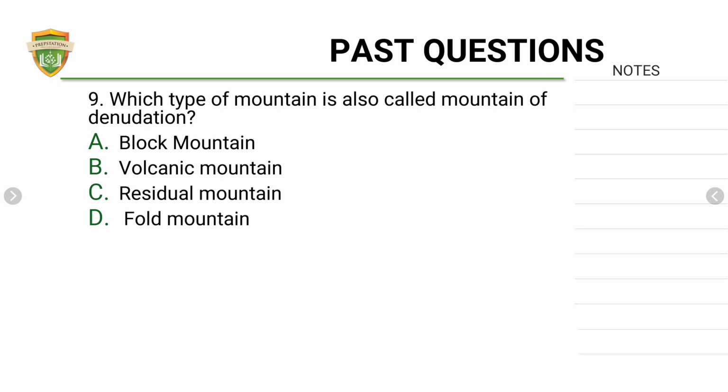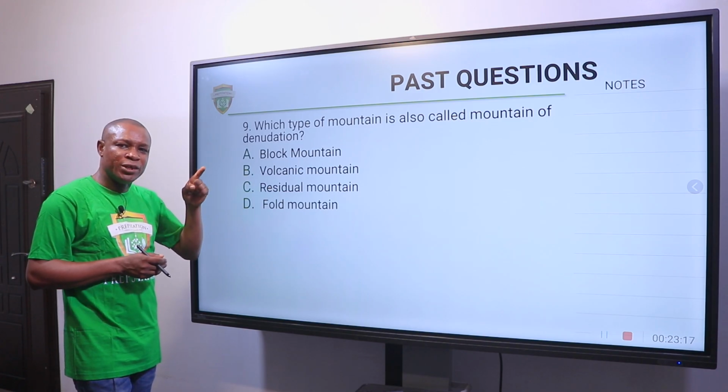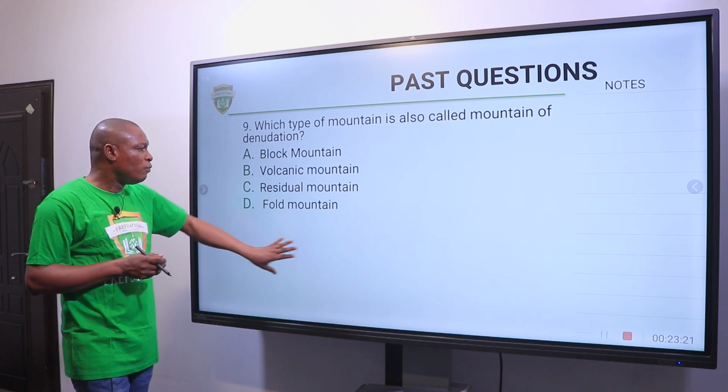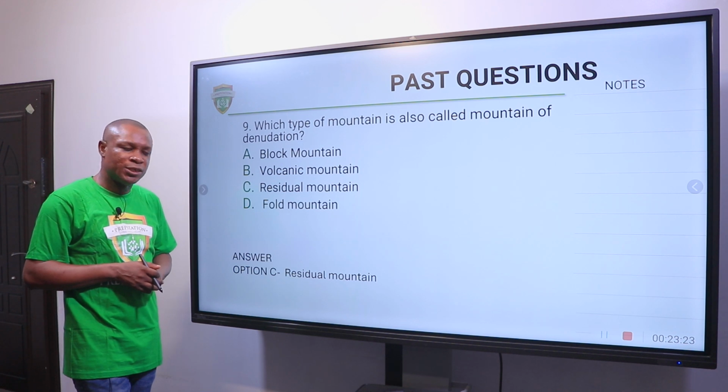We have option A, block mountain. We have B, volcanic mountain. We have C, residual mountain. We have D, fold mountain. Mountain of denudation. That's the alternative name for residual mountain, which is option C.